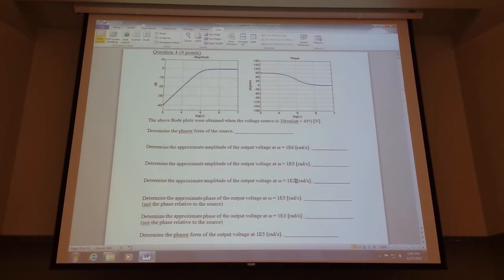So, effectively, what would 10 to the 2 be if we continued on our plot relative to the passband? Negative 60, which is how many changes of magnitude? So it's 10 over 1,000, or 0.01. What about the phase of the output voltage at 10 to the 5th?